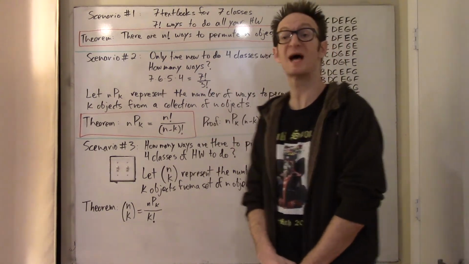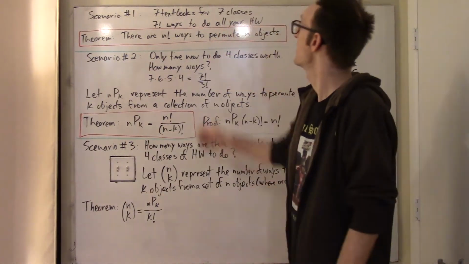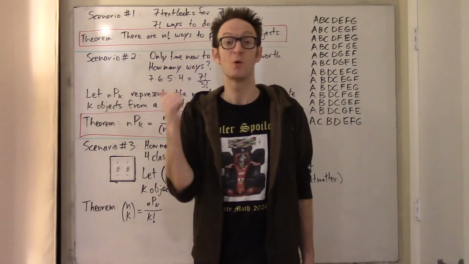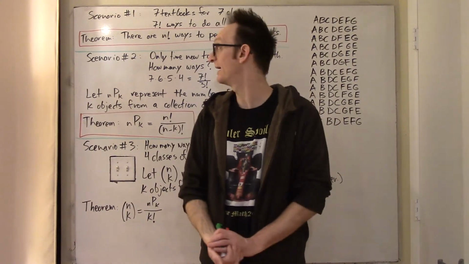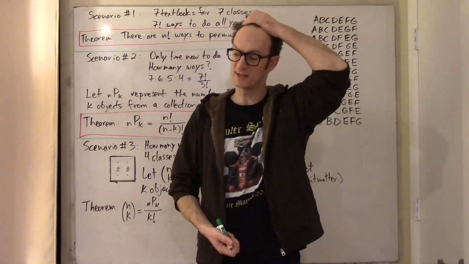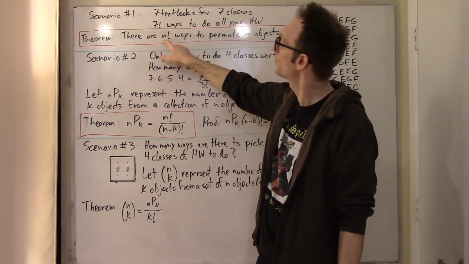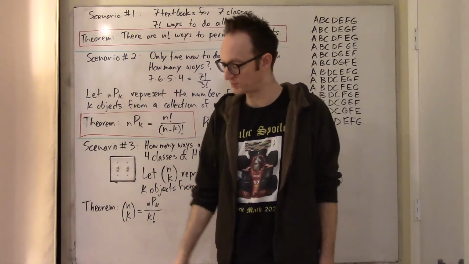Now you're deciding how many ways there are to do your homework, and the answer was 7 factorial, because you have 7 choices for what to do first, 6 choices for what to do next, etc. We summarize this with a theorem that there are n factorial ways to permute n objects.